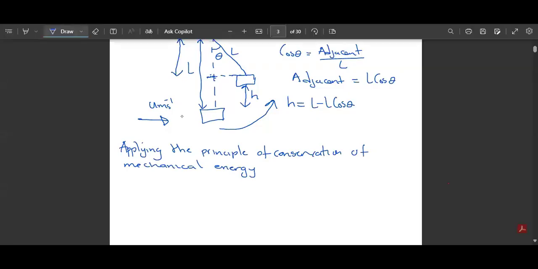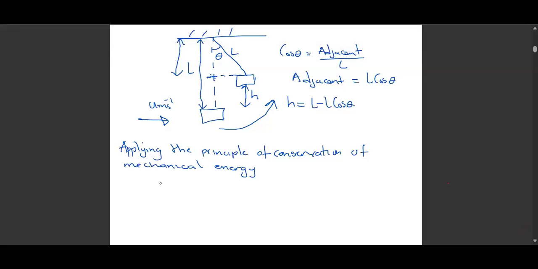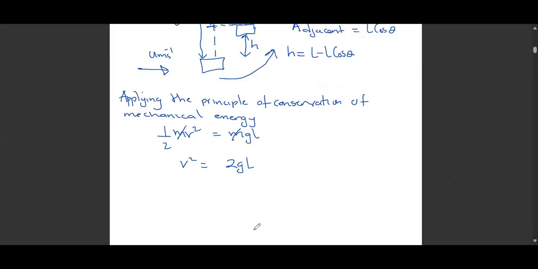So for this case, our initial KE, which will be given by a half m v squared, whereby this v is standing in for the common velocity of the block and the bullet, is going to equal to mgl. So for this case, m is going to cancel out. We shall come up with v squared is going to equal to 2gl. That will be our v.